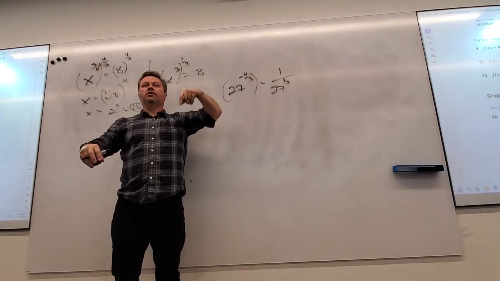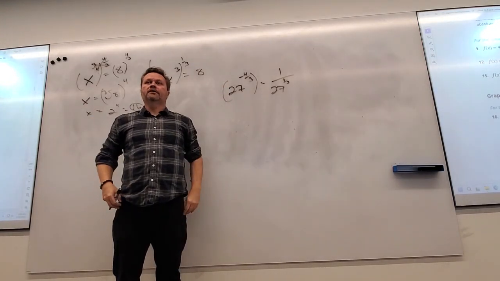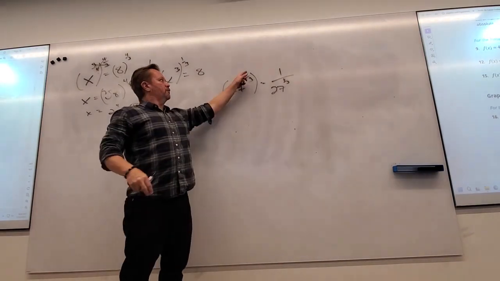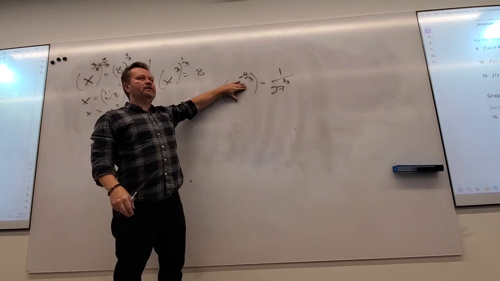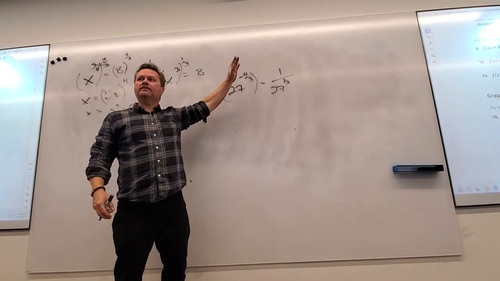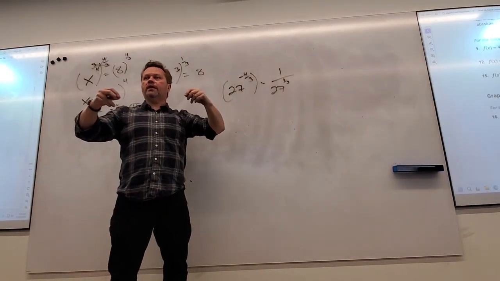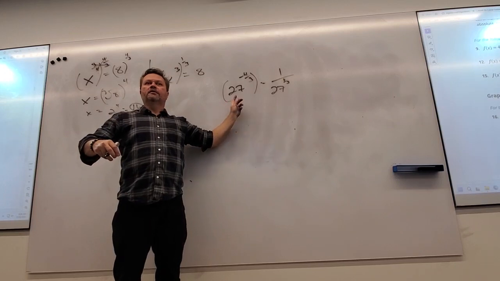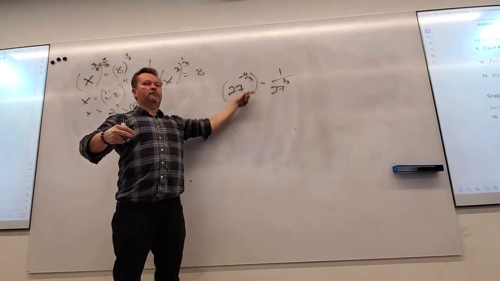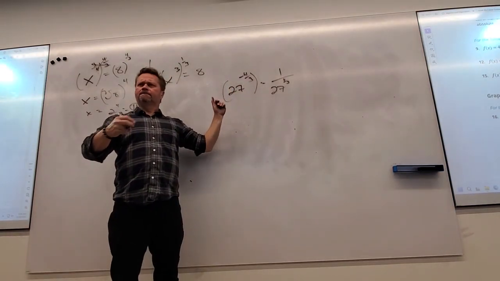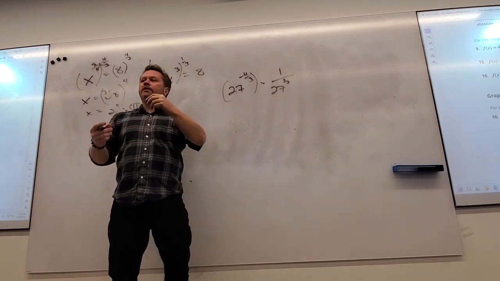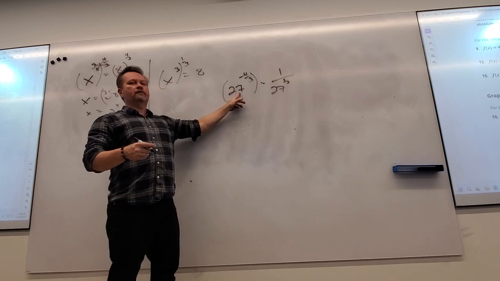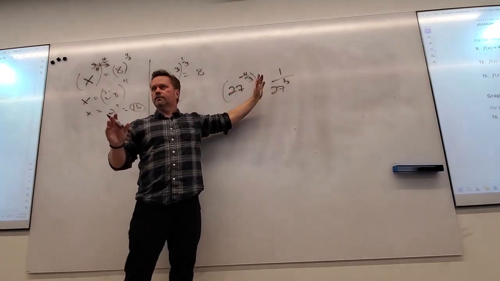Is 4/3 being raised to a negative power? 4/3 is the negative, yes? So negative 4/3 does not equal 3/4. You don't flip that. That doesn't make any sense. What number is being raised to a negative power here? The 27. So it's the thing that flips.